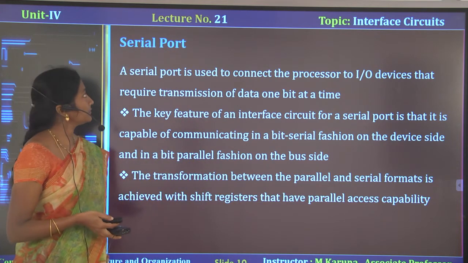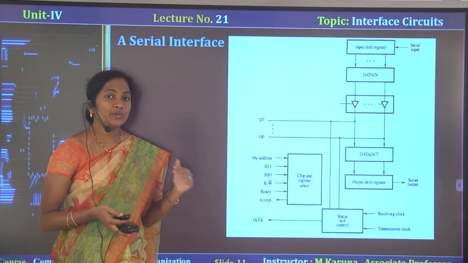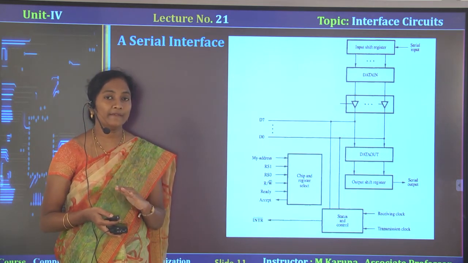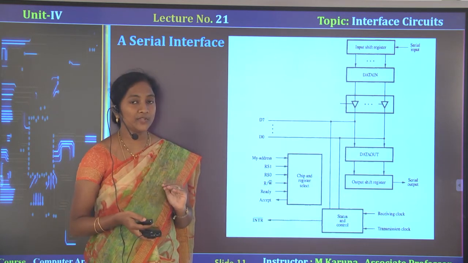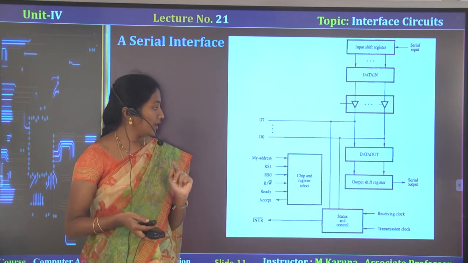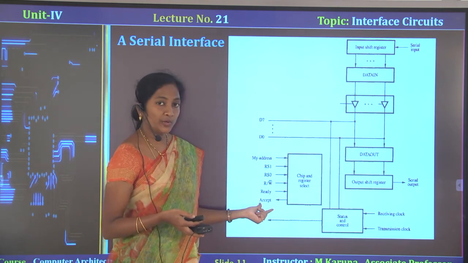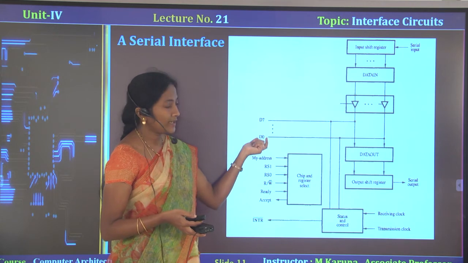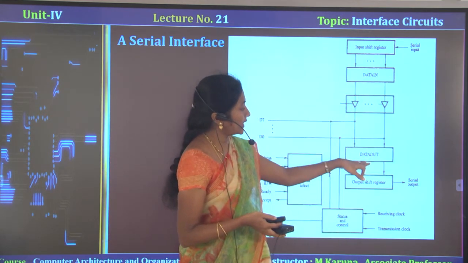Let us see the interface circuit which is used to transmit the bits one by one. In case of serial transmission, shift registers are required. These are control signals issued by the processor. Data lines are issued by the processor. Here are the data in register and data out register.